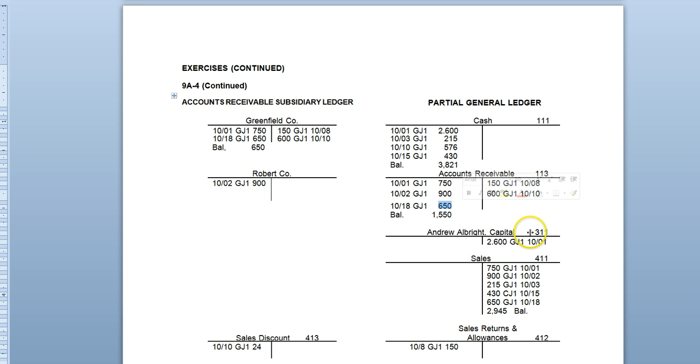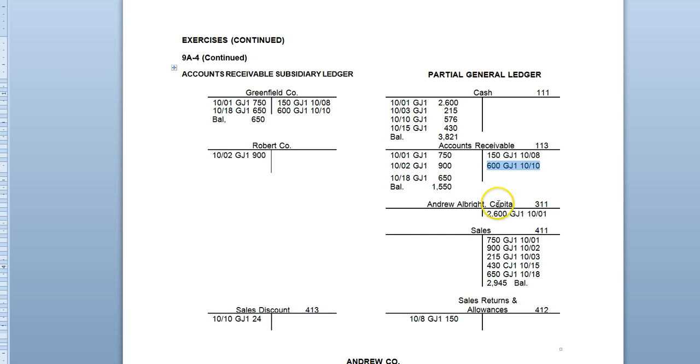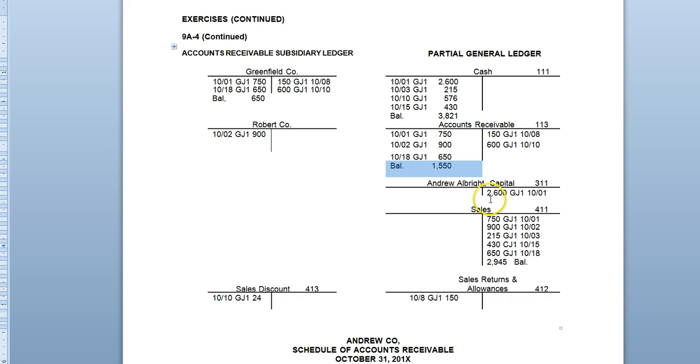And then the ultimate collection of that $600 wiped out Greenfield's account so that the control account is reduced by that $600. And the balance of accounts receivable I showed you before is $1,550.